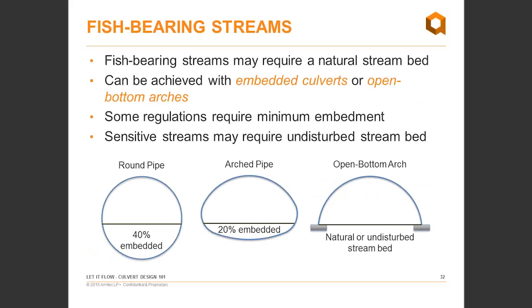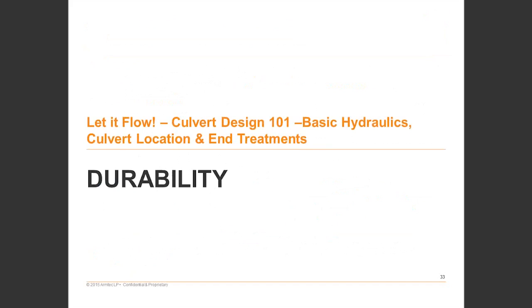Now, sometimes the tendency is to use an open bottom arch because it really is an easy way to create or use a natural stream bed. And it's definitely a bit easier than moving bedding material into a closed bottom culvert. Now, however, an open bottom structure is only absolutely required when dealing with a sensitive stream where the natural bed must remain undisturbed.